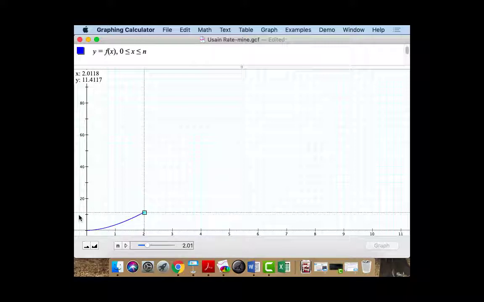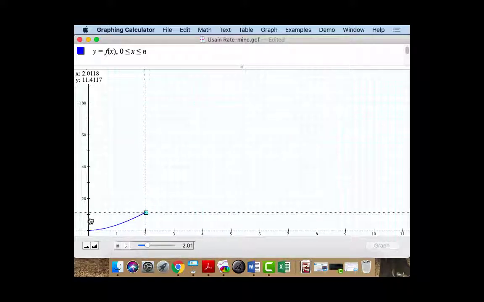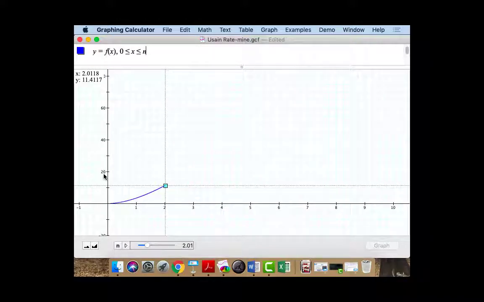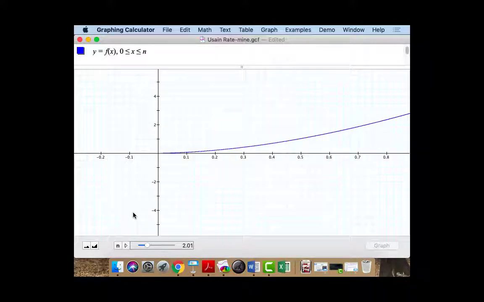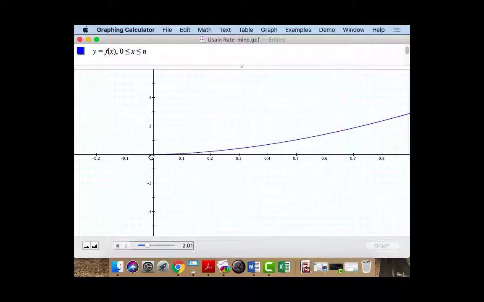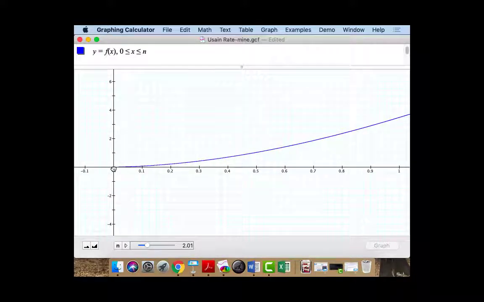But what if I look in closer? So I'm going to try to not click on this axis here. I'm going to have to drag this out here. If I were to look in a little bit closer, let's say I look between, this is everything between 0 and 1 second. There we go. You can see it's still not a straight line.